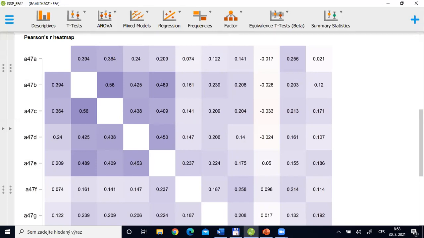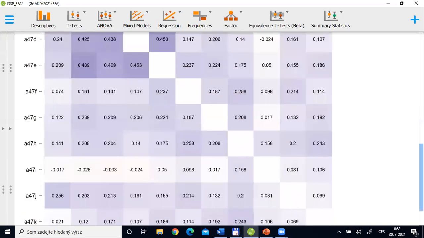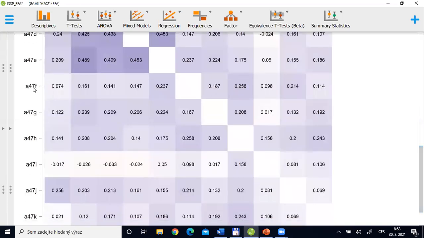You can see that for the rest, so items starting from A47F up to A47K, there is no similar picture. There is no darker area here. That should mean that there is maybe also some second dimension, or at least we cannot find this dimension very easily here.